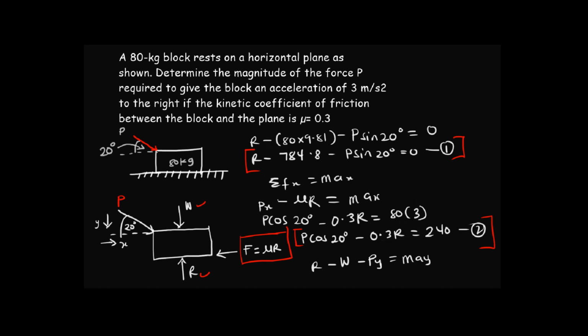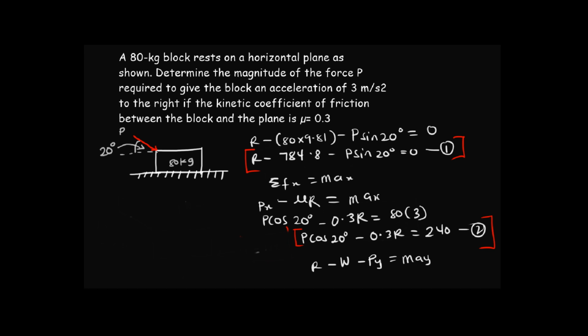So these are the two equations that you have, and you've been asked to find P. But you have two unknowns in equation 1 and equation 2, so you just have to solve them simultaneously to get our answer. So let's go ahead and do this. I'll write down the two equations here.